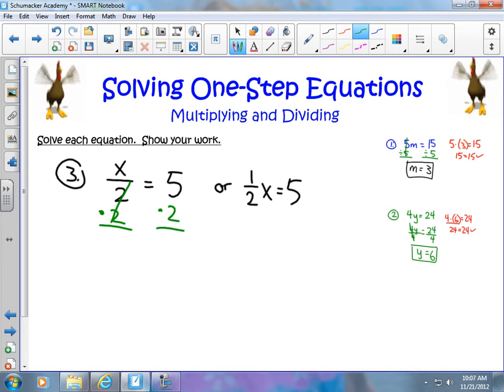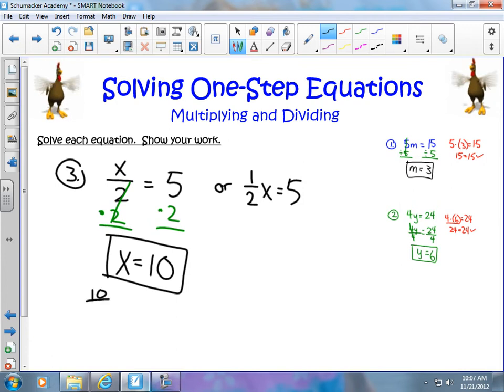And so I'm left with x, and 5 times 2 is 10. And so I can simply say that 10 divided by 2 equals 5. 5 equals 5. They check off.